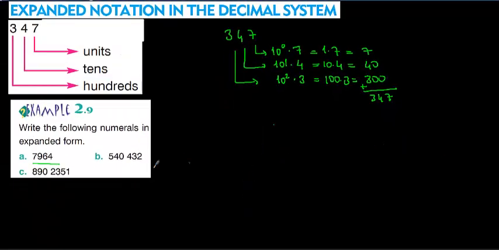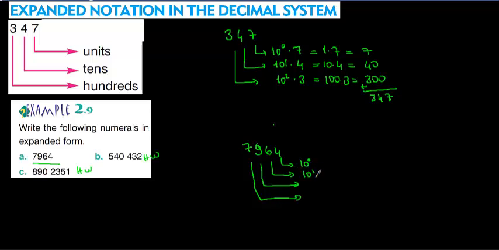Now I'm going to solve only one exercise, the others are going to be homework for you. 7964, this is a 4-digit number, and I'm going to write here as I did before. Here I'm going to use arrows: units multiplied by 10 to the power of 0, tens multiplied by 10, and this is 10 to the power of 2 hundreds, and this is thousands, 10 to the power of 3.